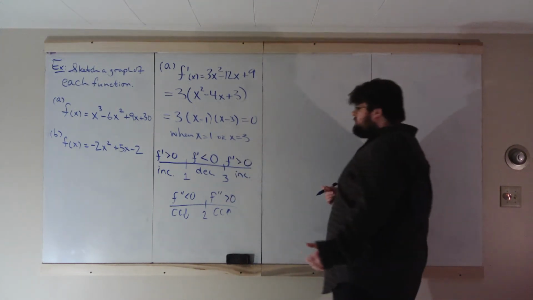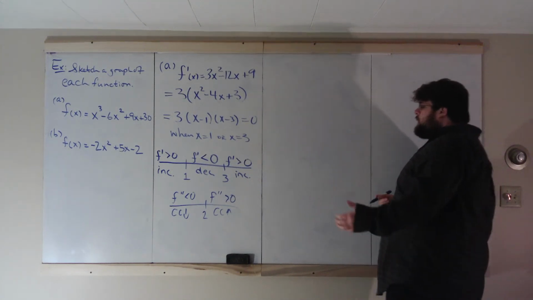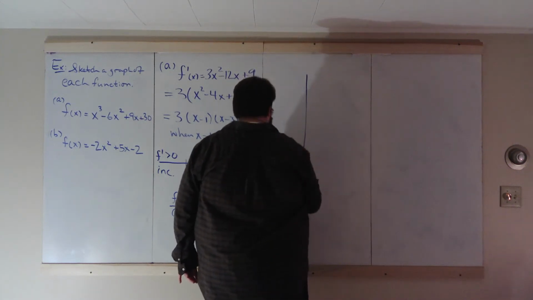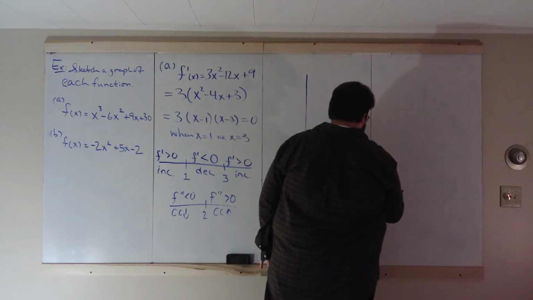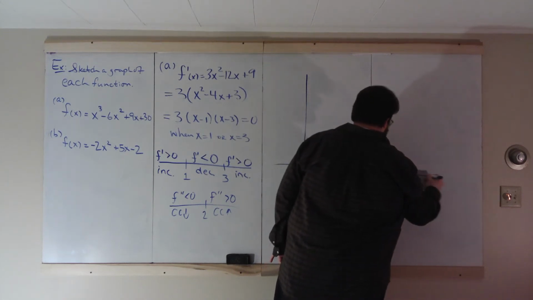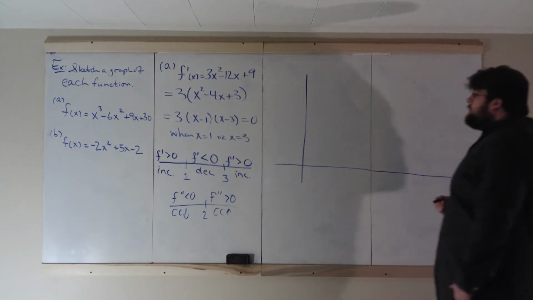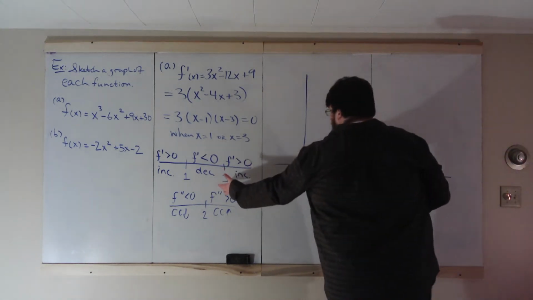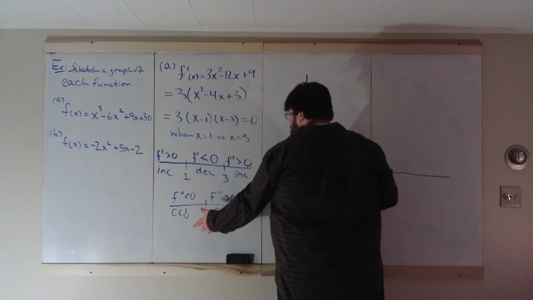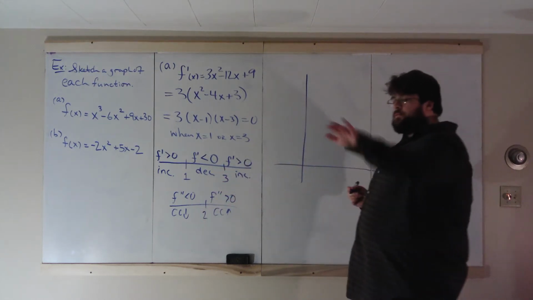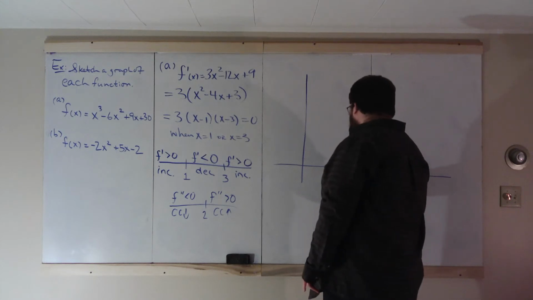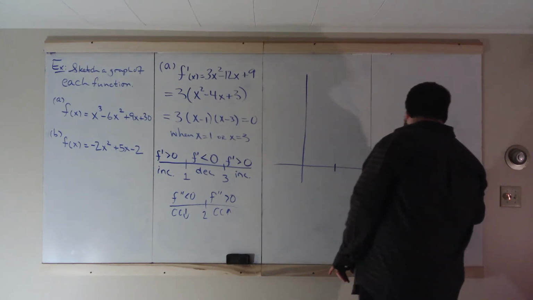Now, when actually piecing together the graph, what I like to do is draw a Cartesian plane. It won't always be exaggeratedly taking up the first quadrant, but notice here, the relevant points are 1, 2, and 3. Those are the points where we're going to change from one piece to another. So let's just mark off 1, 2, and 3.